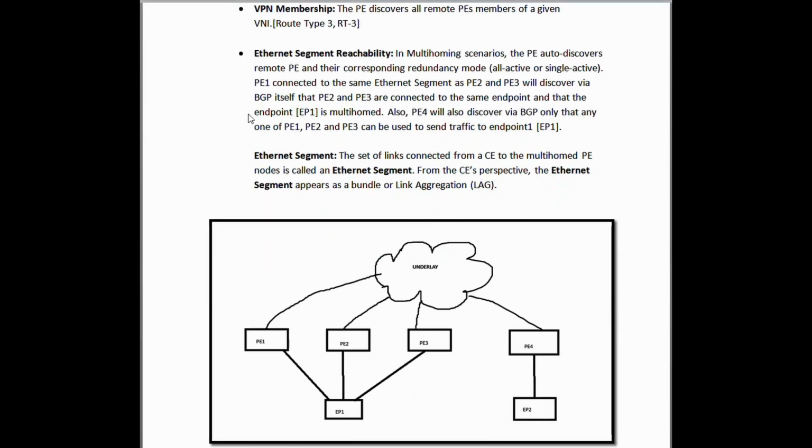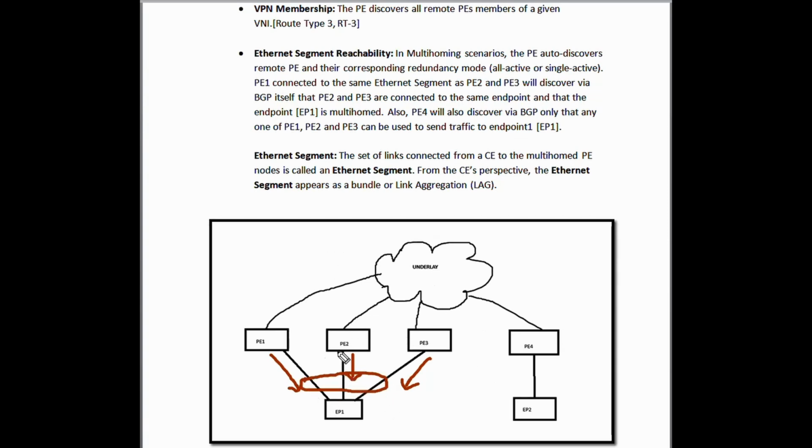So in a multi-homing scenario, the PE routers need to auto-discover the remote PEs and their corresponding redundancy mode. In our topology, PE1 or leaf 1 needs to know that EP1 or endpoint 1 is also connected to PE2 and PE3. So they are part of the same Ethernet segment, meaning they are part of the same bundle from the endpoint's perspective.